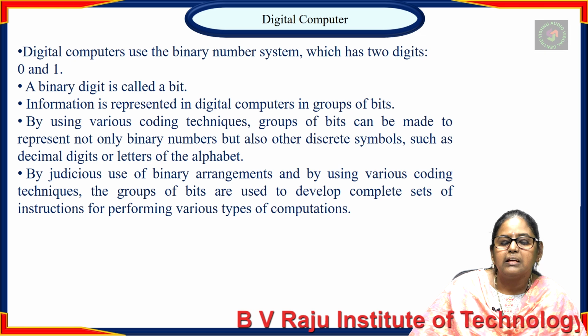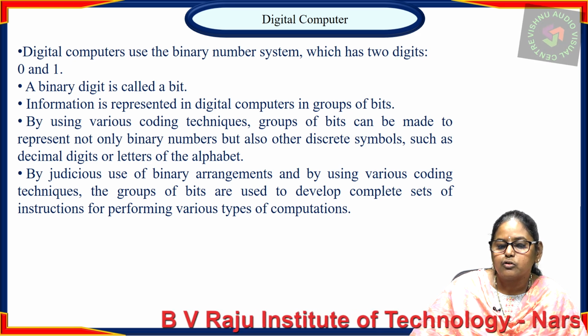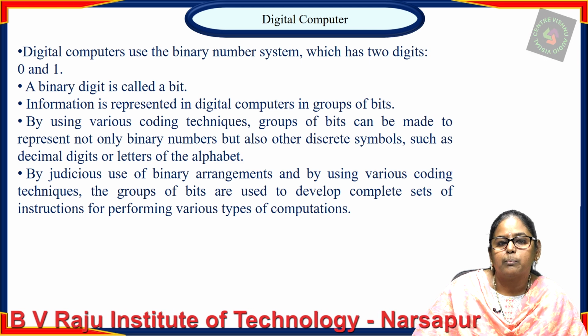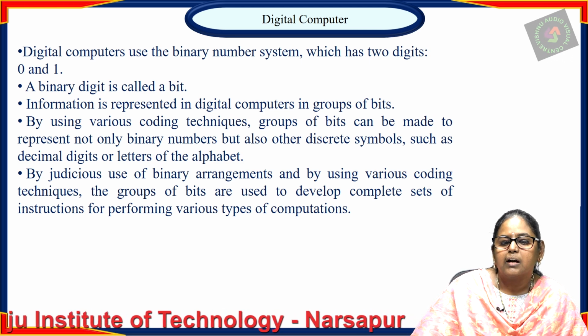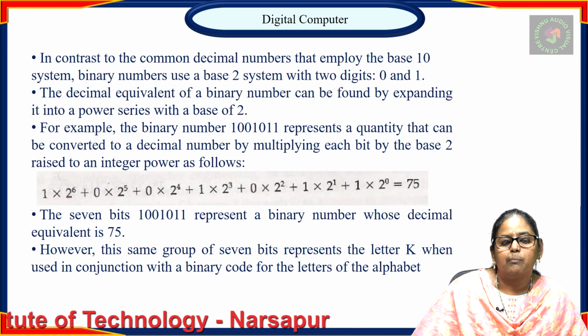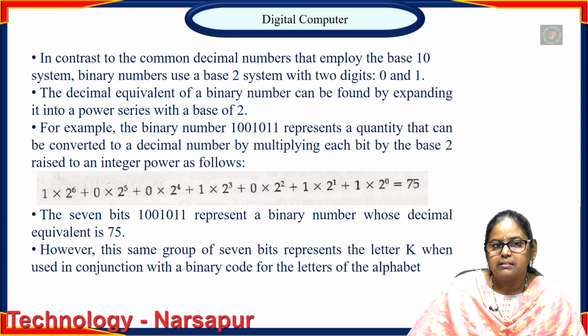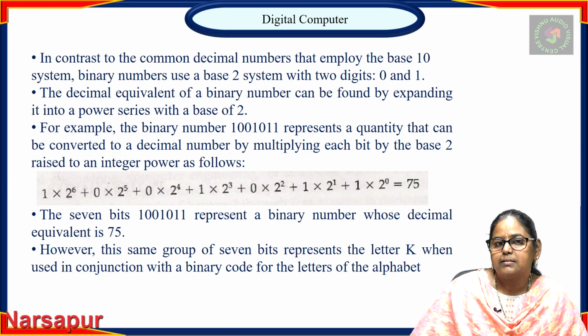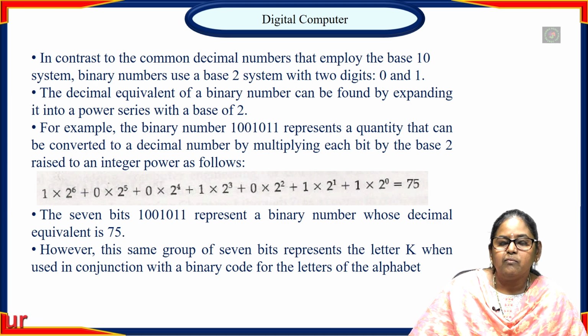We can use various coding techniques, and we can also use them to develop a complete set of instructions for performing various types of computations. For example, if we take the decimal system, we say the base of the decimal system is 10. In the same way, the binary system base is 2.